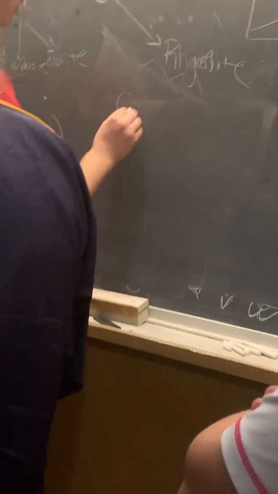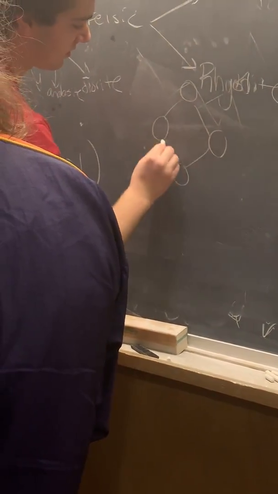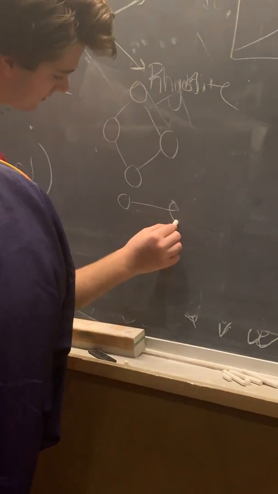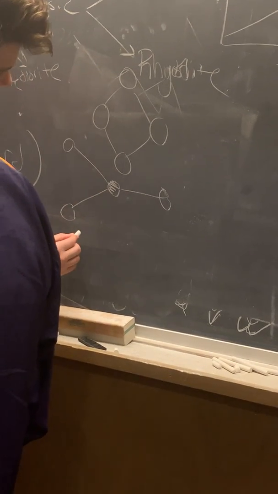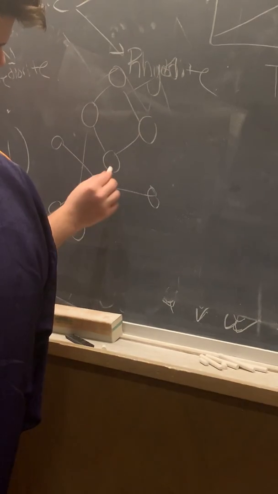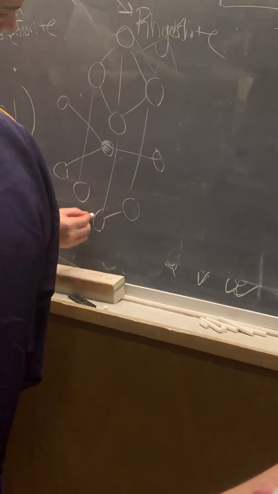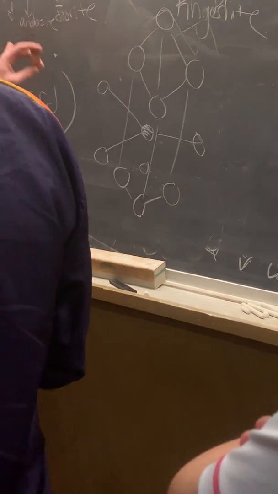Just to illustrate, you don't really need to know this too much, but I'll draw a calcite unit cell. This is the unit cell, basically the smallest part of the crystal.